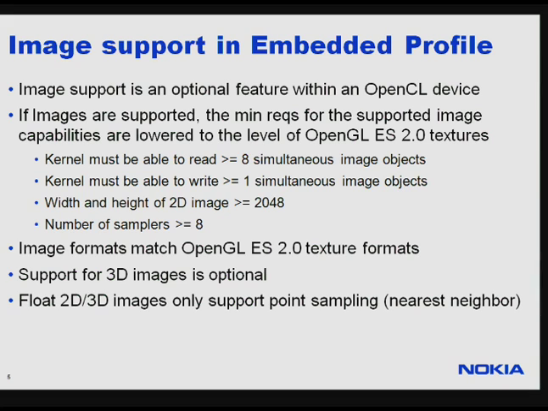The images have to be addressable for at least 2048 pixels in both directions. But the third direction, 3D, would be optional. 3D images are typically not supported. They would require too much memory. The samplers for floating point images are simplified. Only point sampling is supported.